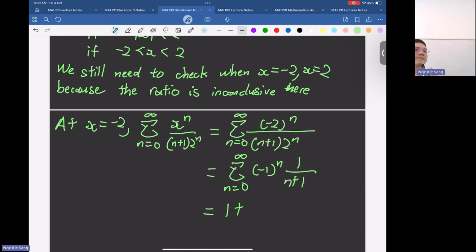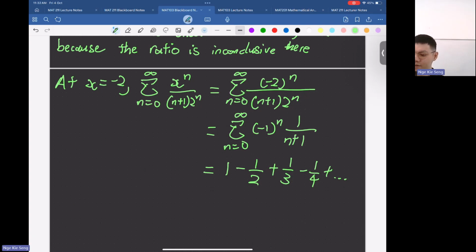Yeah, -1 times 1 over 2. Third term, 1 over 3. Fourth term, what's this? Alternating harmonic series.